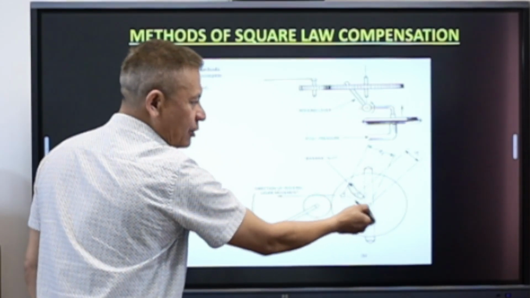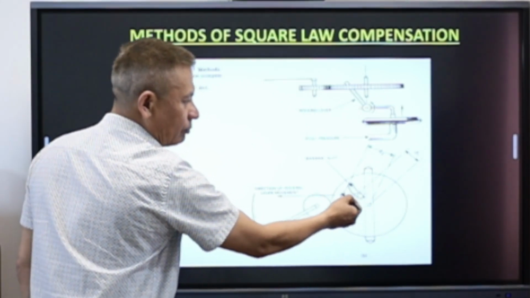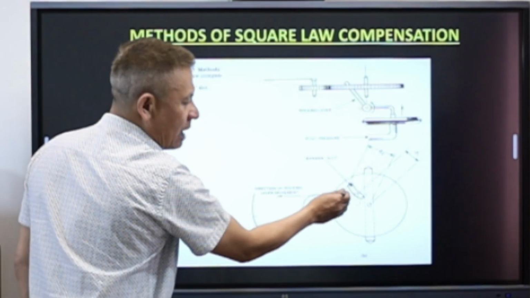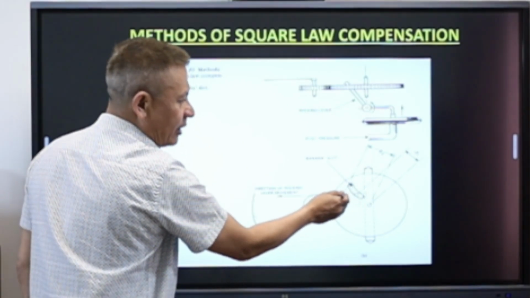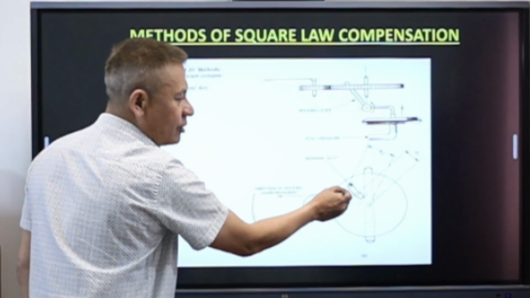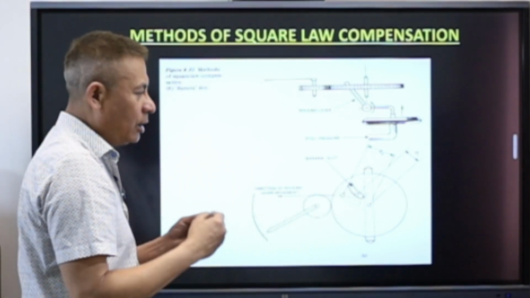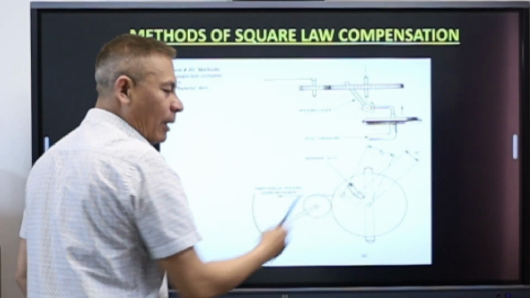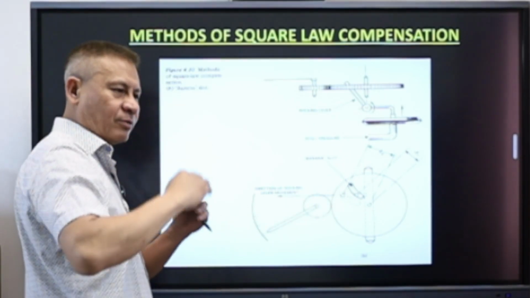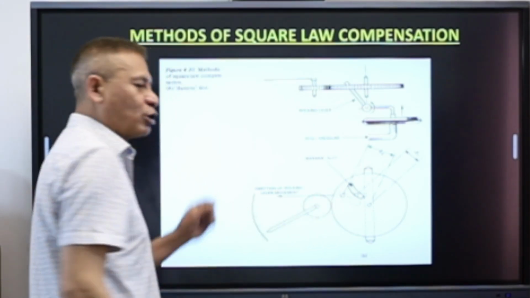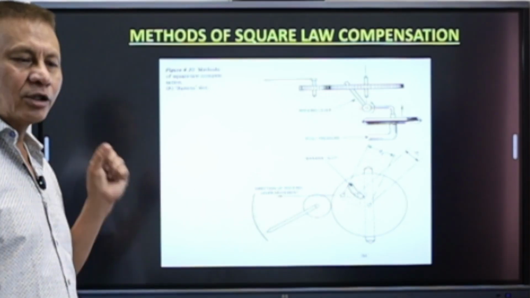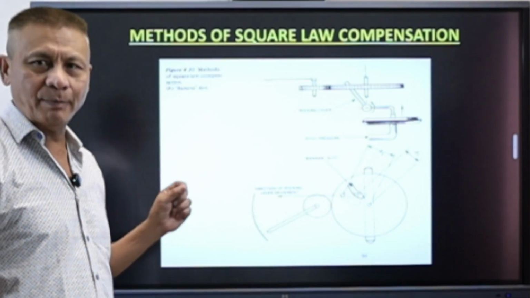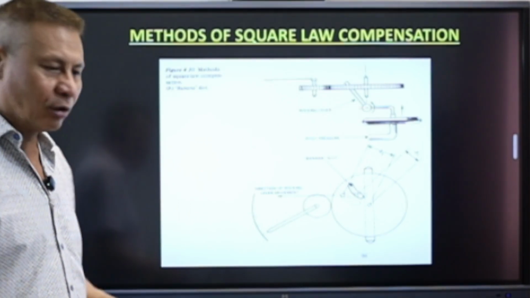But as the speed is increasing, this particular rocking arm which pushes the needle is going to be pushed further away in this banana slot, thereby increasing the arm length. So for more expansion, I will have a lesser amount of movement onto the needle. This is how the square law of speed is compensated in an ASI, or the airspeed indicator.